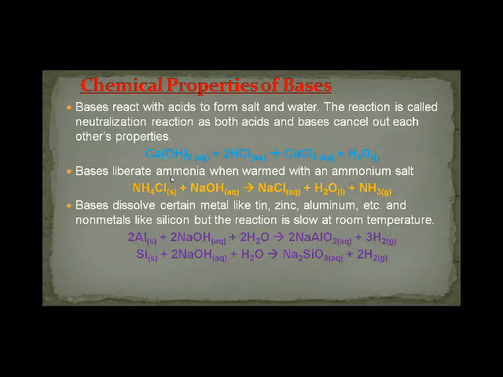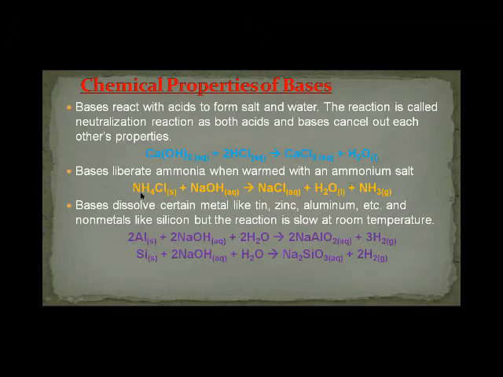Bases liberate ammonia when warmed with an ammonium salt. So whenever bases react with an ammonium salt and the solution is warmed, ammonia gas will be formed. In the form of an equation, ammonium chloride NH4Cl reacts with NaOH.